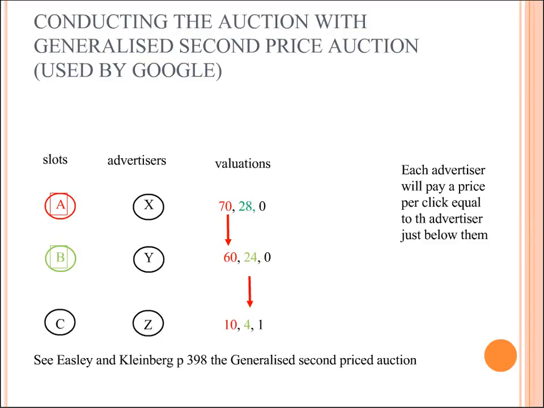For slot B, since X has already been awarded slot A, the winner is Y, and he will pay for that slot the next highest bid, which is the green one, 4. So this is known as the generalized second price auction, and this is the way Google advertising prices its advertisements. It's a simple procedure.